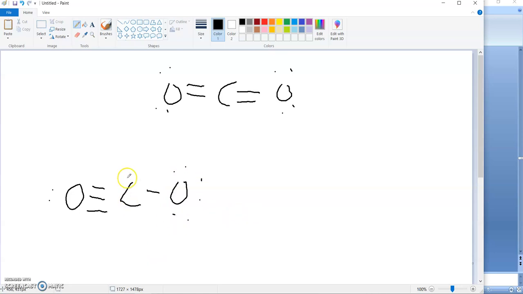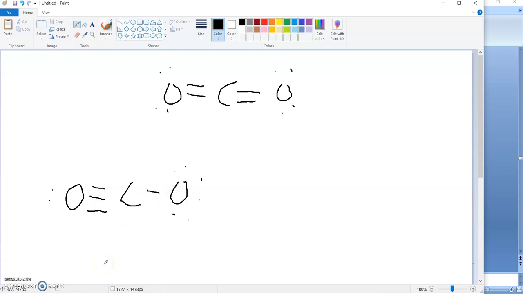There's the octet. Carbon still has 2, 4, 6, 8, so it's still good. So, we have the same exact number of electrons, 2, 4, 6, 8, 10, 12, 14, 16, counting here, 2, 4, 6, 8, 10, 12, 14, 16. Same exact number of electrons, just arranged differently. Instead of 2 double bonds, we have a triple and a single.